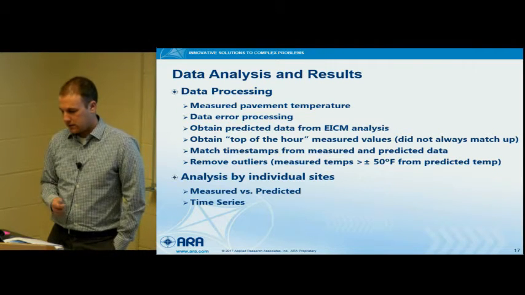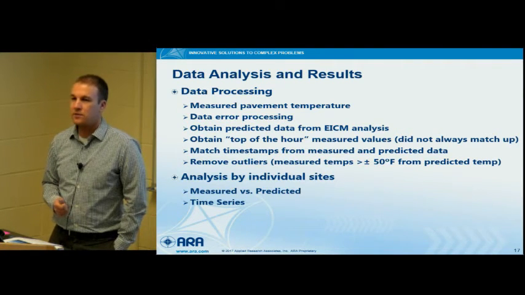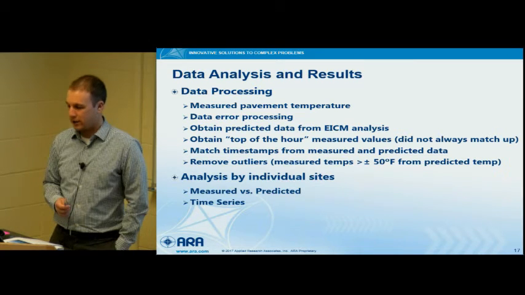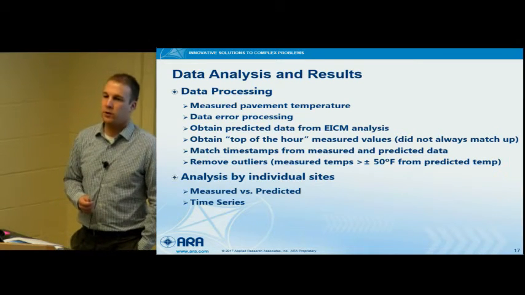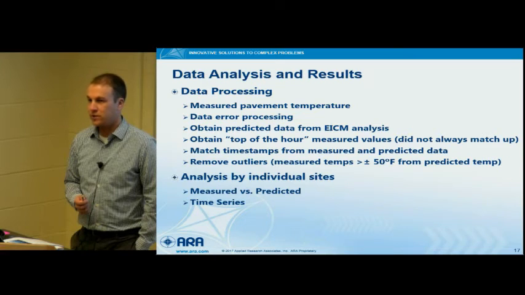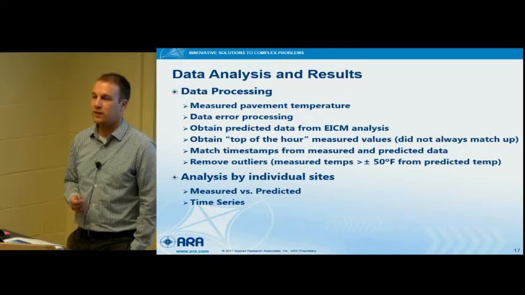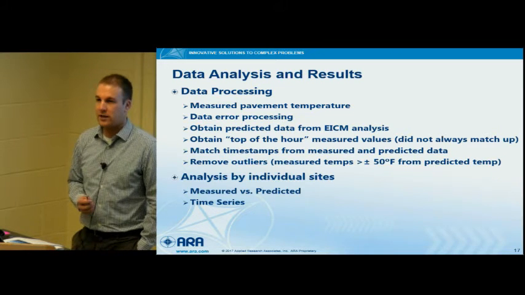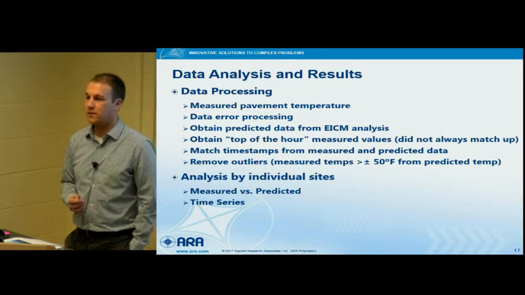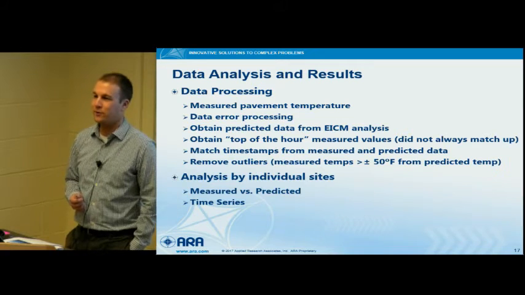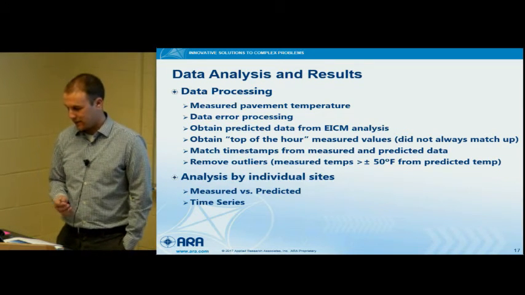So once we matched the timestamps, things were looking a little bit better. We're looking at hourly temperature for basically 5-6 years. So that's a substantial amount of data, and to make sure that Excel, or whichever software you're using, doesn't crash was quite a challenge at times.